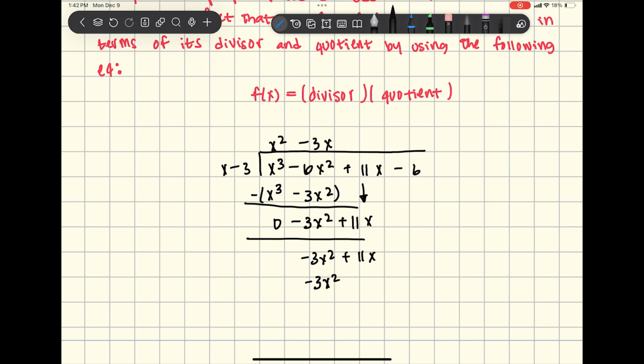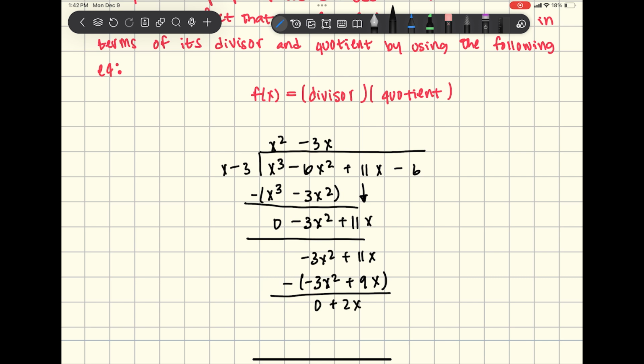And when I multiply negative 3 times negative 3x, I get a positive 9x. We put this expression around parentheses, and we subtract. And so negative 3x squared with positive 3x squared cancels out, and so we get 0. When you combine 11x with minus 9x, we get 2x.